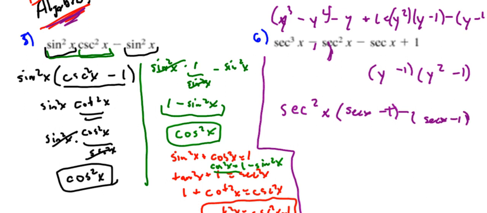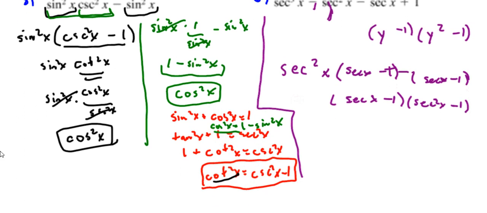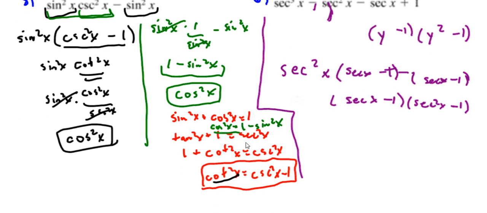And now from here, I can factor out my secant of x minus 1. And what I have left over then is secant squared of x minus 1. Well, secant squared of x minus 1, if you recall, appears to be one of our fundamental trig identities.